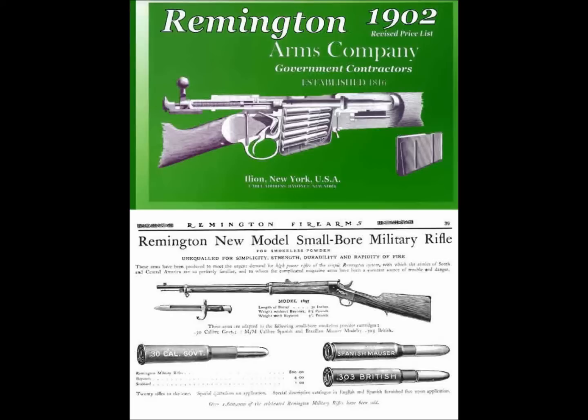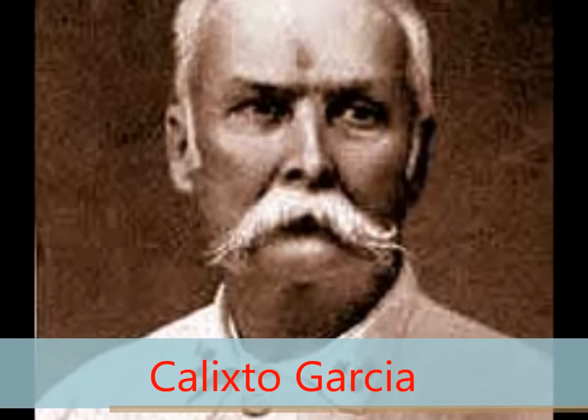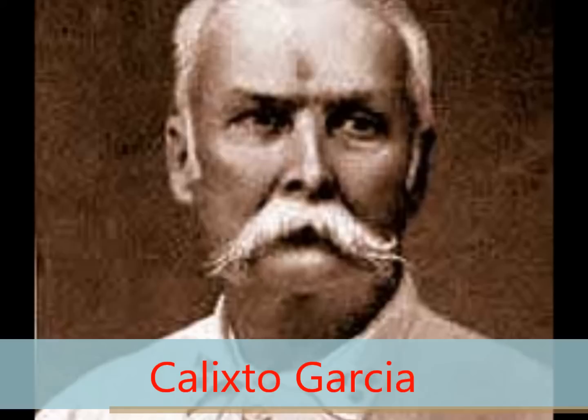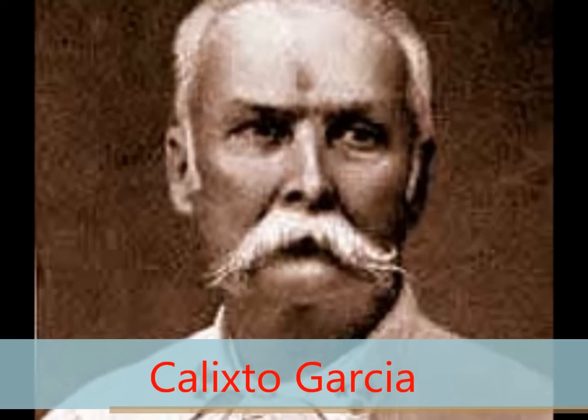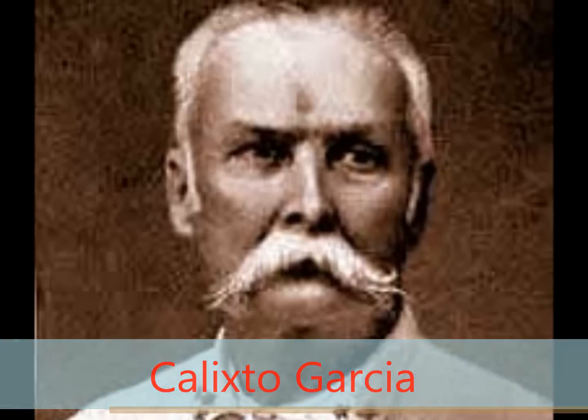The Rural Guard was established by General Wood to put down the agitators who began to grow restive at the presence of the Americans. At the time, Cuban leaders Calixto Garcia and Maximo Gomez were tired old men.